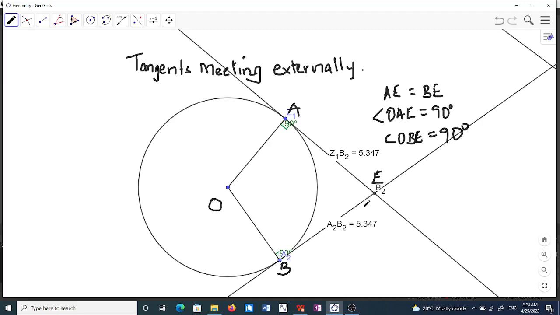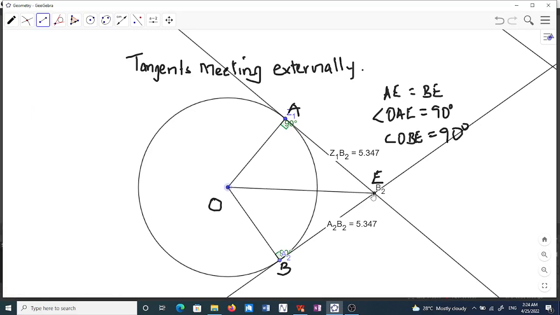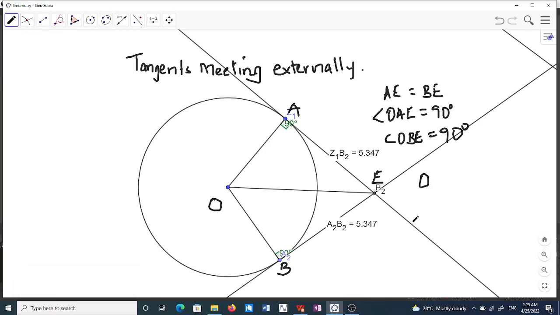So if that is the case, then we can categorically say that if we divide this part into two, the two triangles OAE and OBE are congruent triangles. The triangle OAE is equal to the triangle OBE.